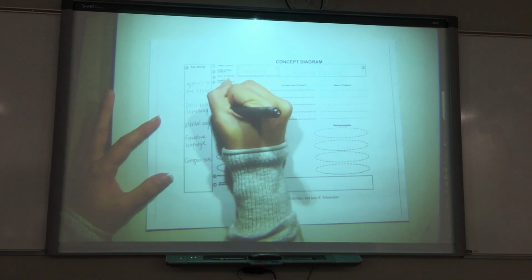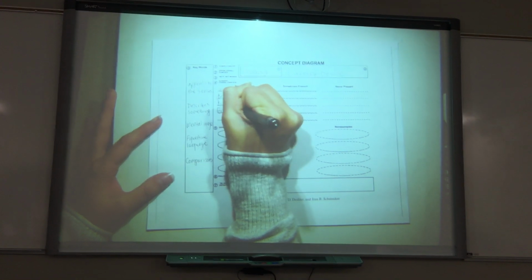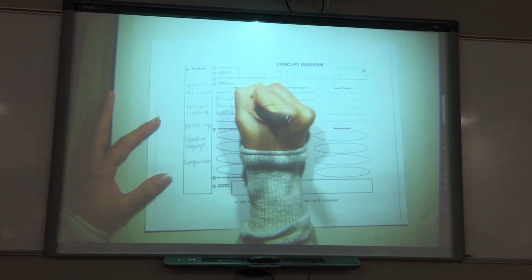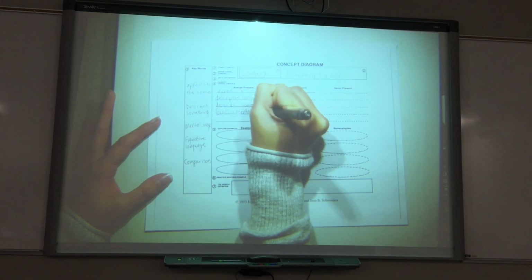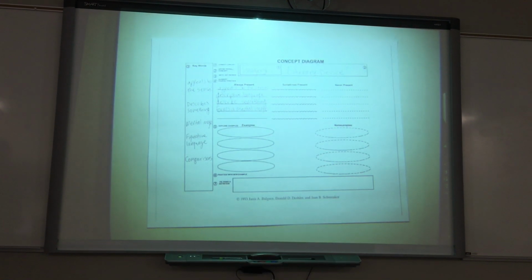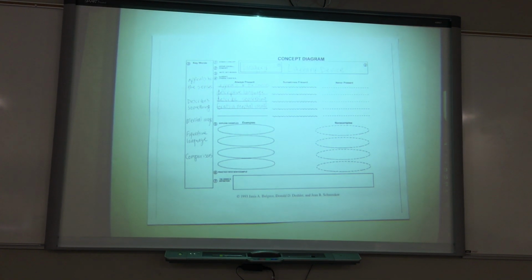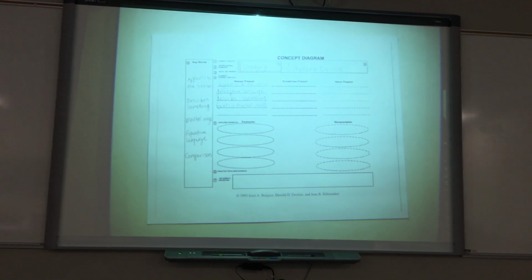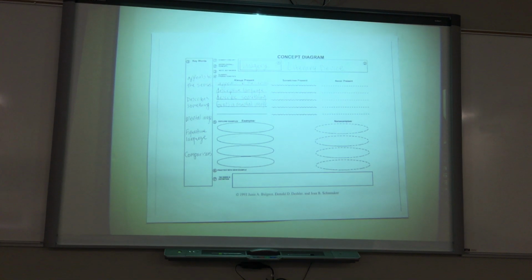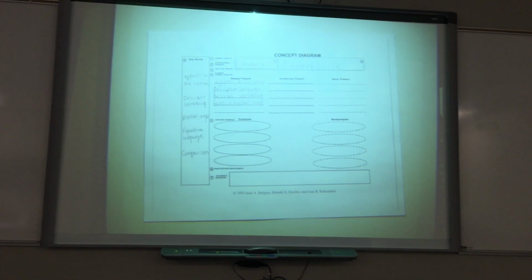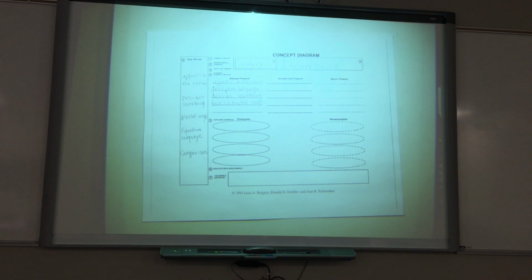So we're going to write forms a mental image. The overall purpose of imagery is to help our readers form mental images of what they're reading, so that way they can be more engaged in what they're reading, comprehend better, and use their imagination.